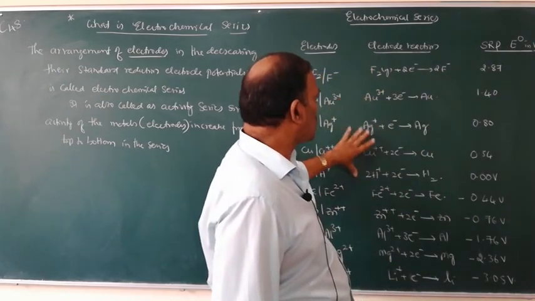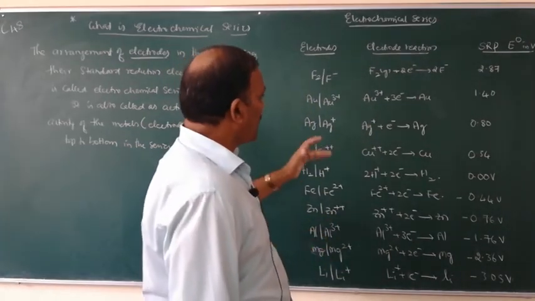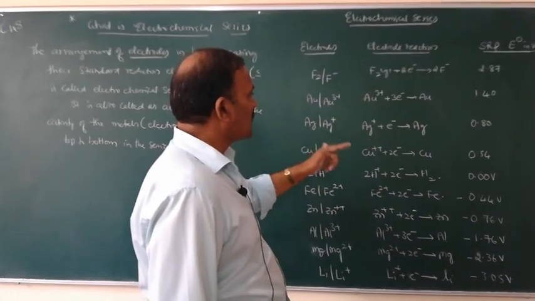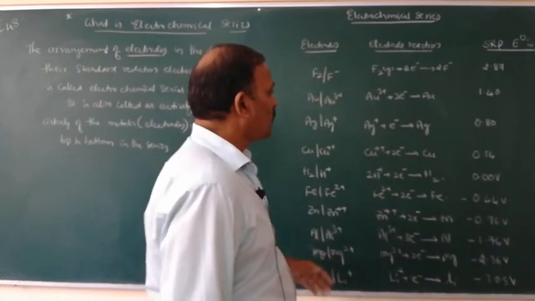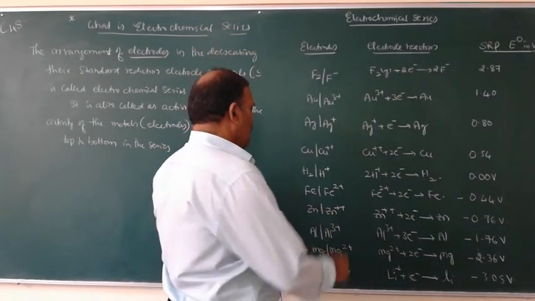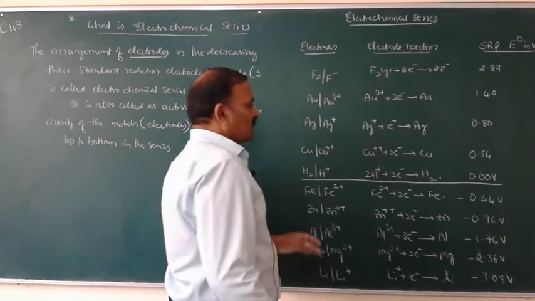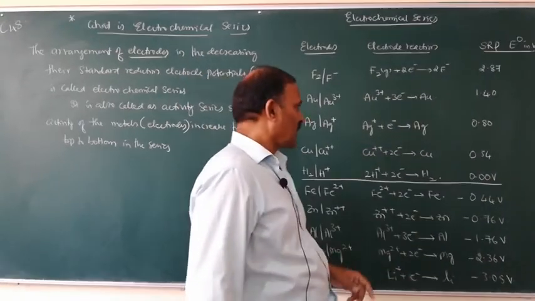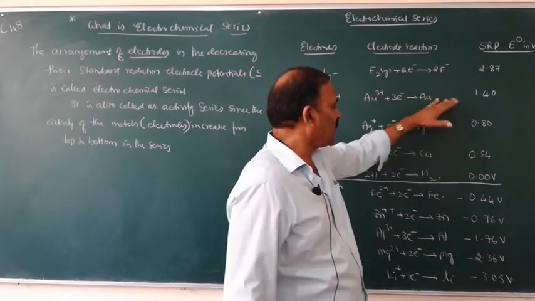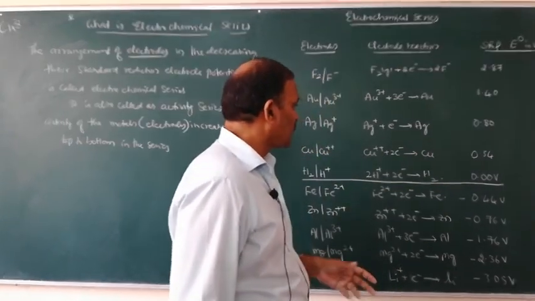Therefore, this list of electrode systems arranged in the decreasing order of their standard reduction electrode potentials from top to bottom is known as electrochemical series. Remember, the standard reduction potential of hydrogen is 0.0 volt. The electrodes above hydrogen will have positive values, the electrodes below hydrogen will have negative values.